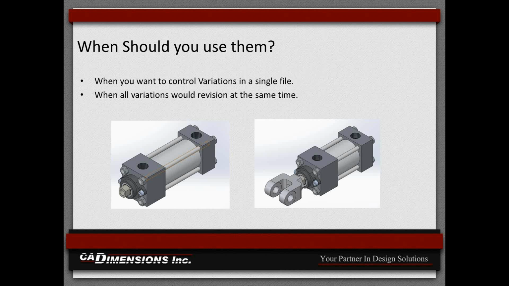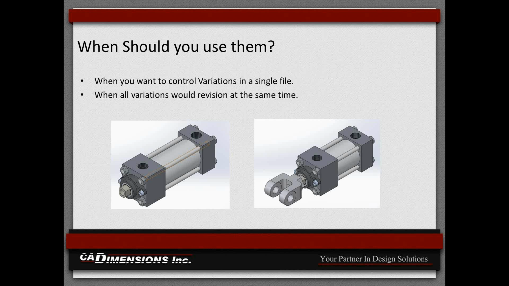But here's one thing to think about when using or wanting to use configurations. There's not an easy way to set a revision for individual configurations. When I say not an easy way, I'll talk about a way that you could possibly do it, but it's not very clean and it's kind of hidden from everyone else.